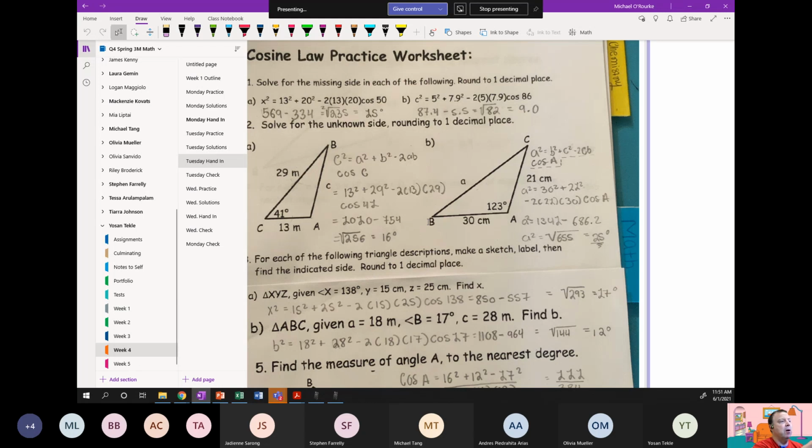Your second number is wrong. This number here. Okay, you forgot to times this here by this. Oh, okay. Let me check one more time.